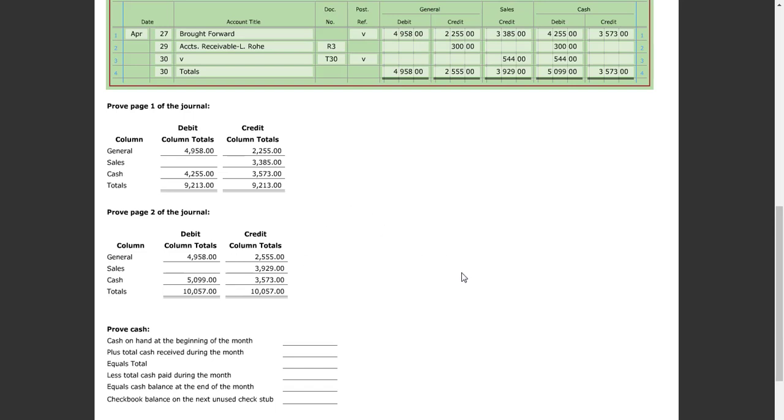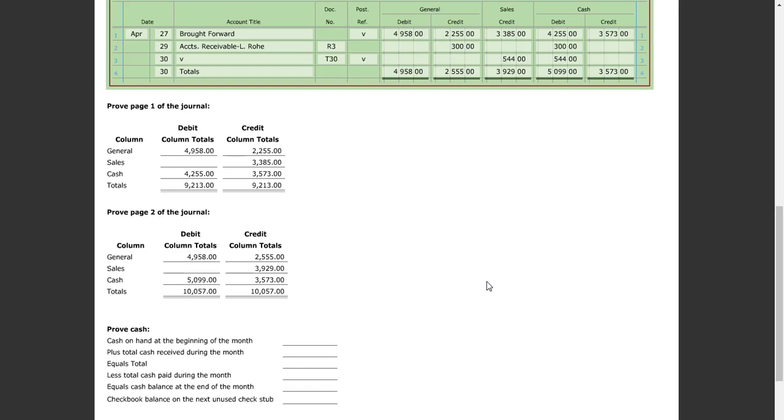It took me a little bit because I did a math mistake, but I got 10,057 for my debit and credit. Would anyone agree with my numbers? Okay, so happy dance, debits and credits equal, because there'll be lots of times when your debits and credits don't equal.